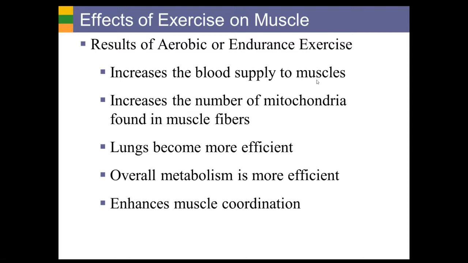All of those benefits come with engaging in aerobic or endurance exercise, in addition to increasing the supply of oxygen to skeletal muscle fibers so they can produce more ATP. By allowing those fibers to more efficiently produce more ATP aerobically, that is what increases endurance or resistance to fatigue.